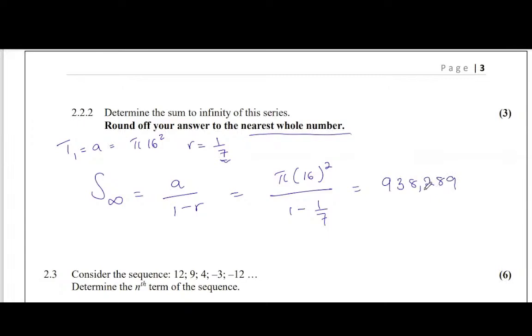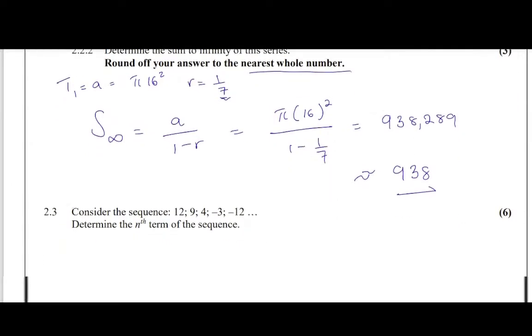For the nearest whole number, I just have to round this off, which is approximately 938, because 2 won't affect the 8. That is 2.2.2.